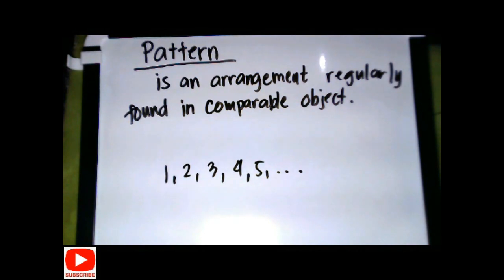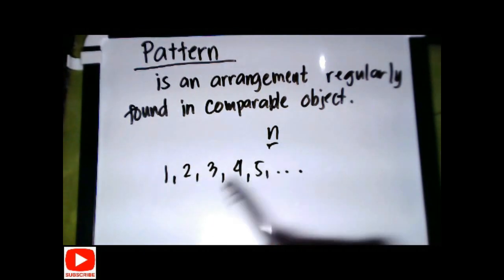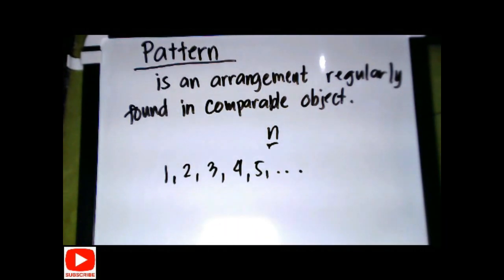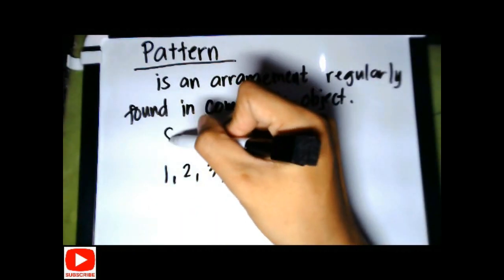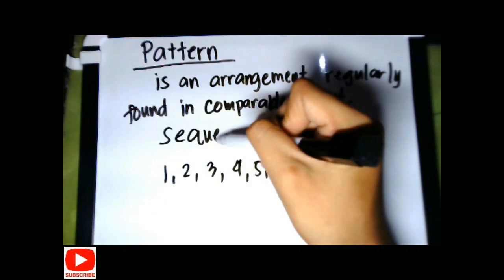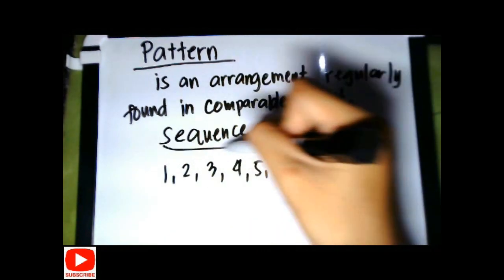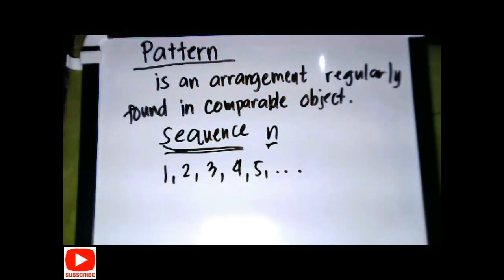So that is generally n. N means the first term, the second term, the third term, the fourth term, and so on. In mathematics, we call this a sequence. A sequence is a number pattern that follows a certain rule.